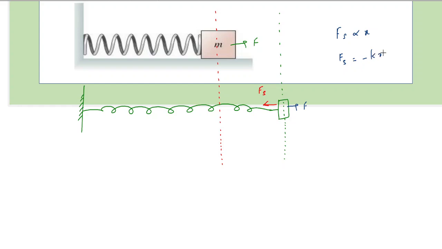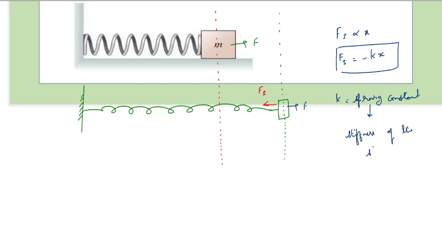The minus sign indicates it's a restoring force, and this k is called the spring constant. This k tells us about the stiffness of the spring.